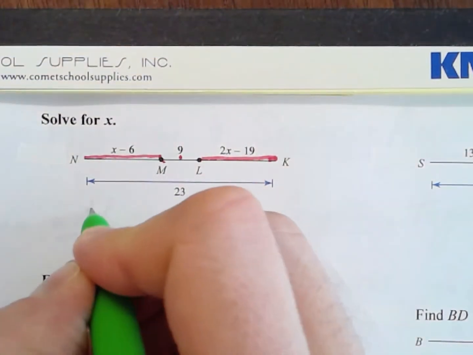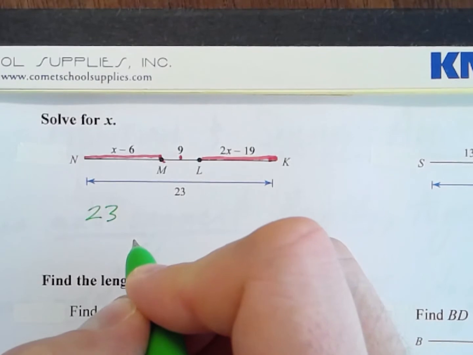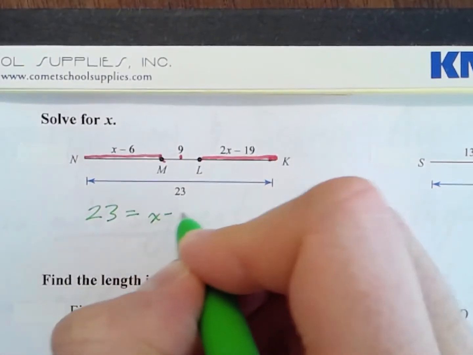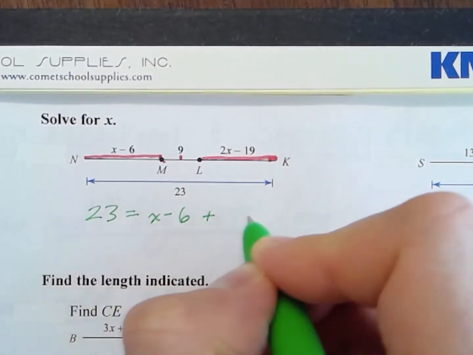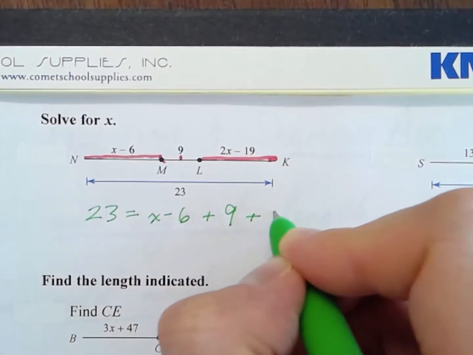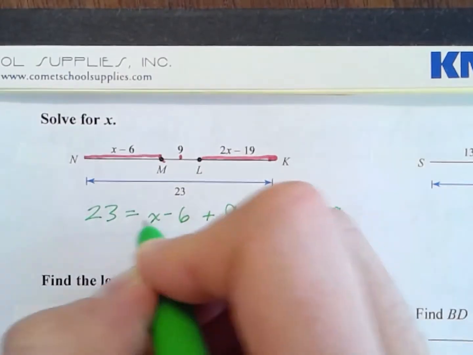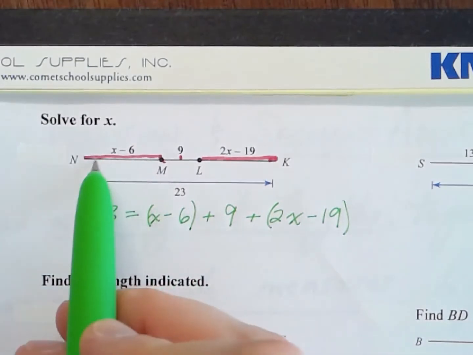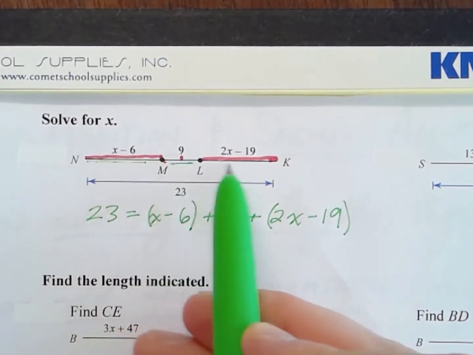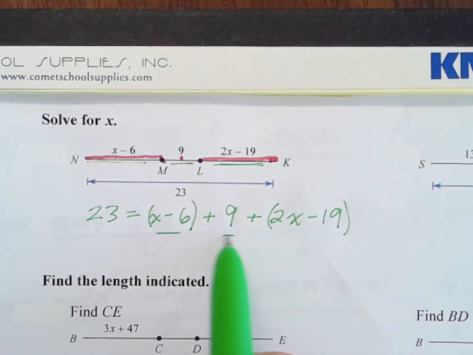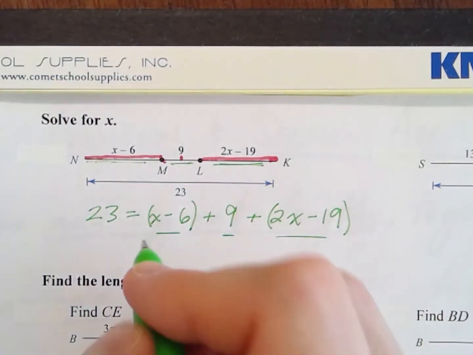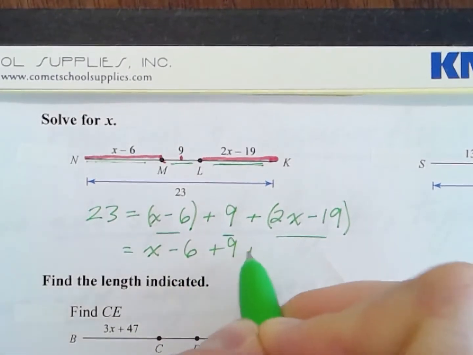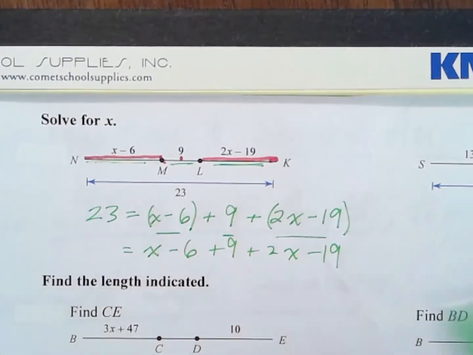I just need to set up 23 is the whole thing, and that equals x minus 6 plus 9 plus 2x minus 19. And really, I should have parentheses here, but they're not going to do anything. So I just have this piece plus this piece plus this piece, my three things. So this is x minus 6 plus 9 plus 2x minus 19.